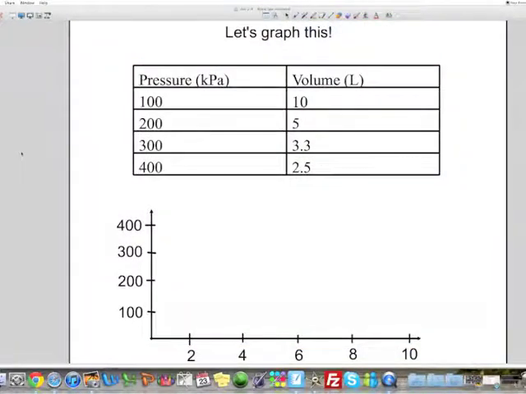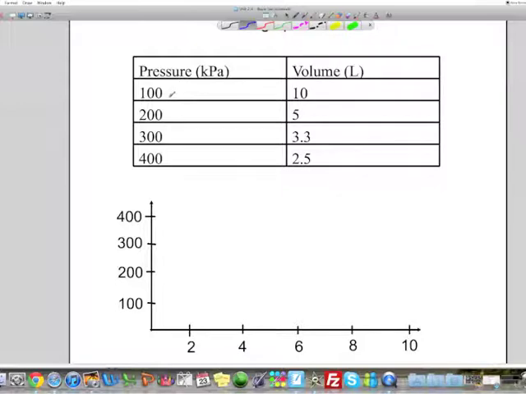Now, if we were to graph this relationship, probably you already know what it looks like because you've done the lab. So let's say we have pressure of 100, volume of 10. At 10 liters, I have 100 kilopascal. At 5 liters, I have 200 kilopascal.